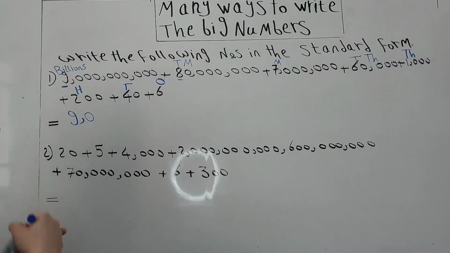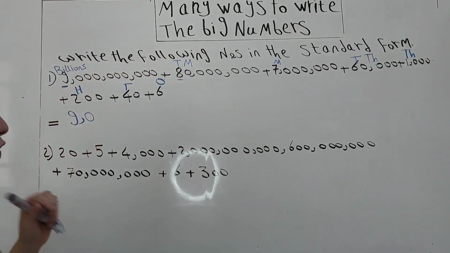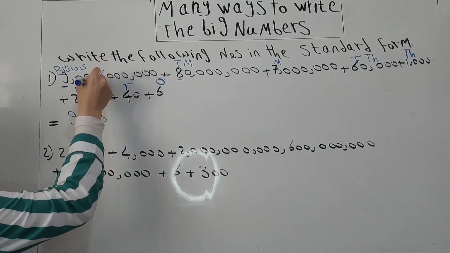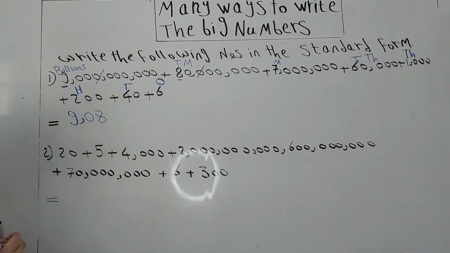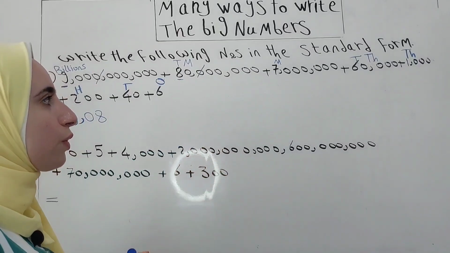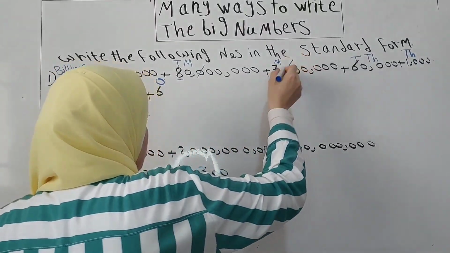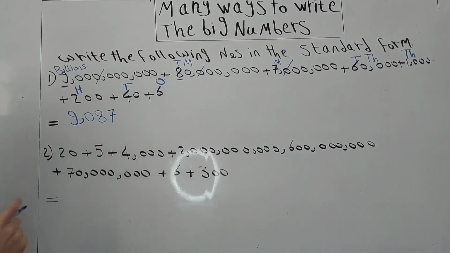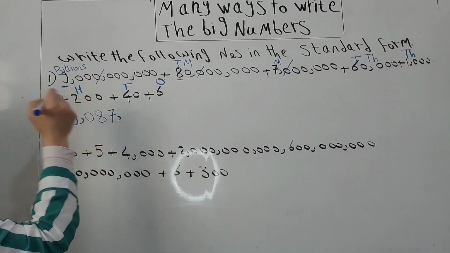Then the next higher place is ten millions. We find 8, so we write 8. Then the next higher place is millions. We find 7, so we write 7. We finish the family of millions, so we make commas.